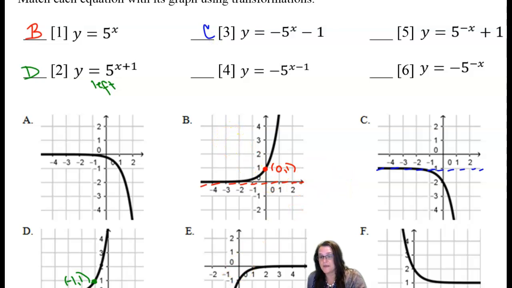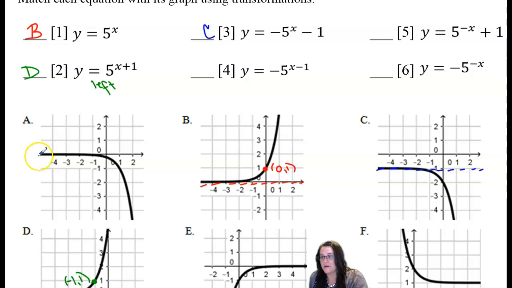Okay, then in number 4, same reflection in the x-axis with that negative a, but then instead of going down 1, this is our h of 1, so we head to the right 1. So the horizontal asymptote is still in the same place at 0, but the graph has been reflected over the x-axis and translated to the right 1 unit.